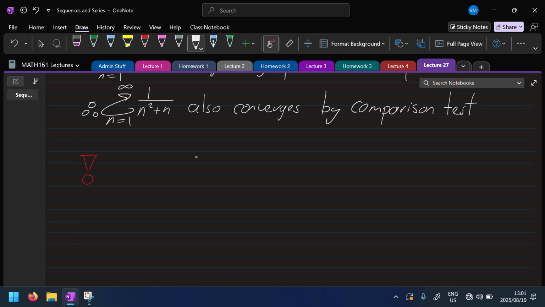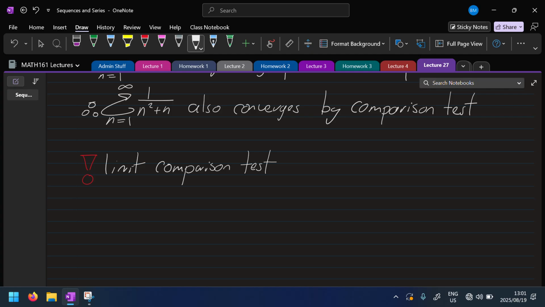Okay, just a warning with this one. If we had to do the limit comparison test, limits. Okay, limit comparison test. What would we need? Have a look in your notes to the limit comparison test.